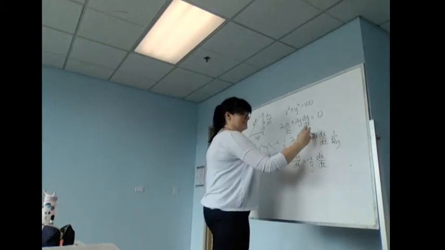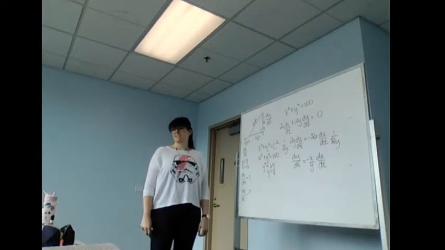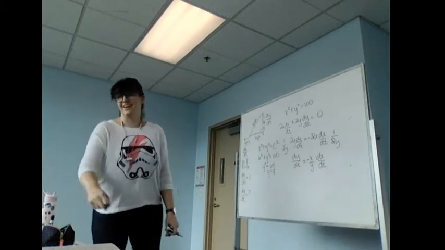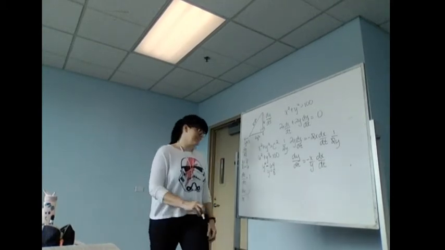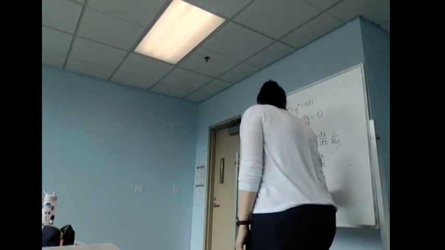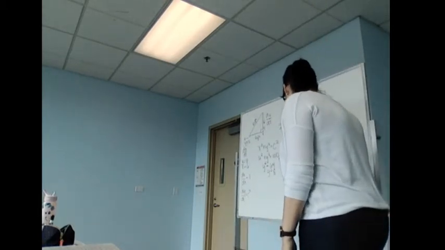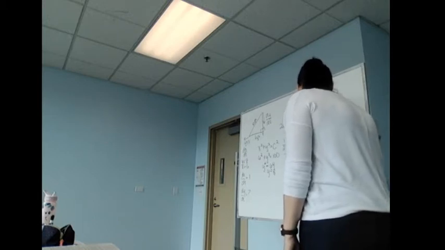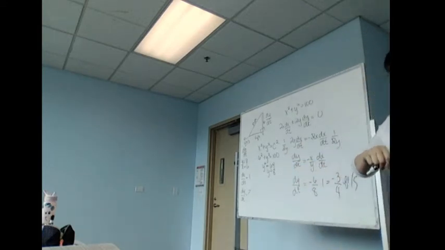So I'm going to put this right here. But very good question. Okay, so plugging in the information we have, dy/dt equals negative 6 over 8 times 1, which is negative 3/4 feet per second. That's it.